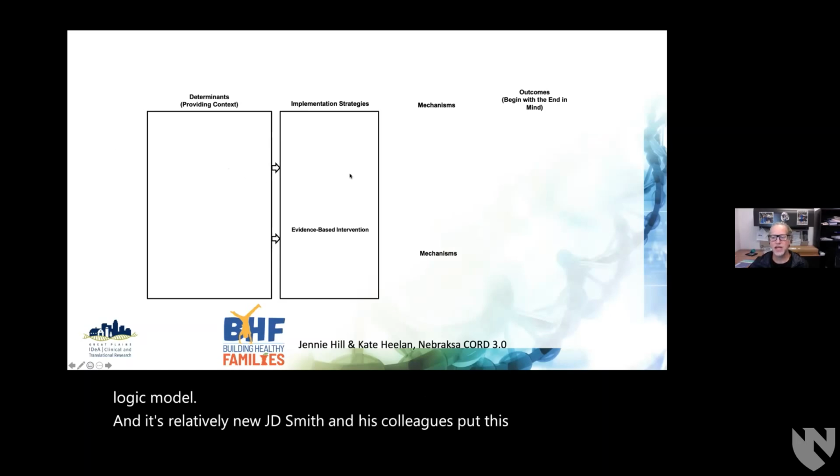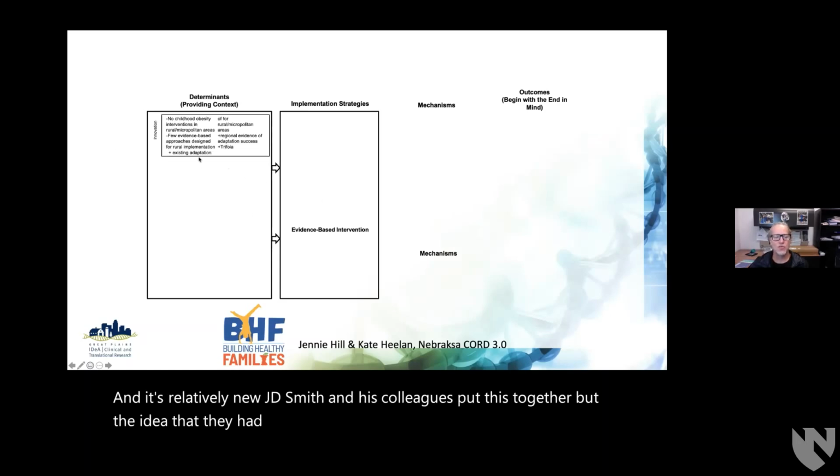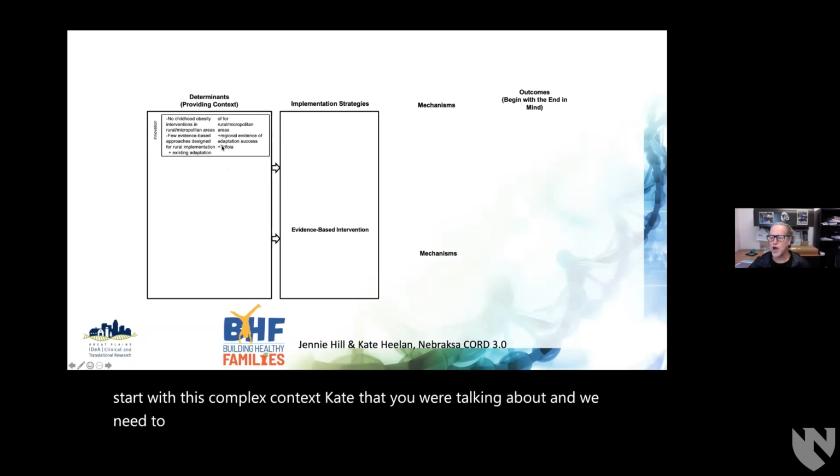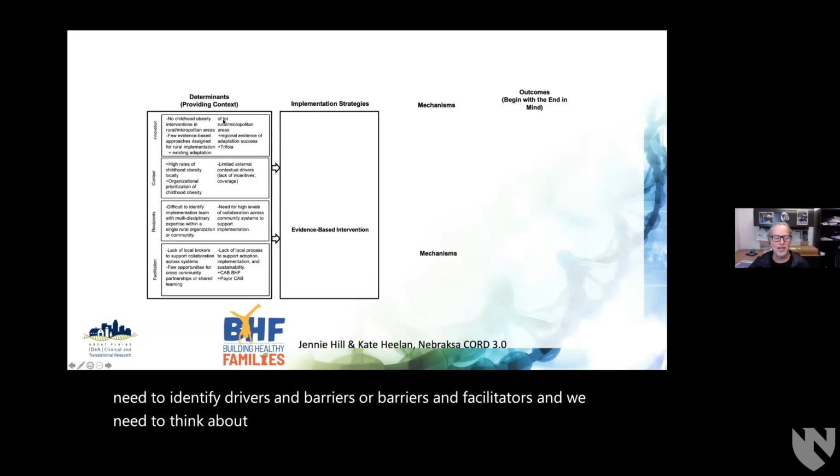But the idea that they had was, hey, you know what we need to start with is this complex context, Kate, that you were talking about. And we need to identify drivers and barriers, or barriers and facilitators. And we need to think about this context because it's going to influence all of our implementation strategies and everything that moves forward.